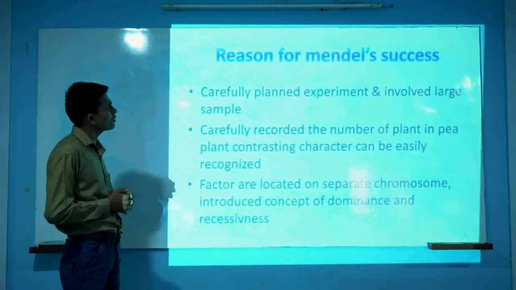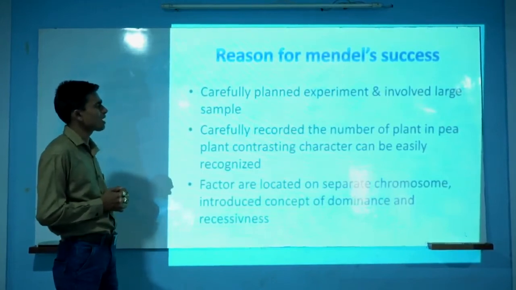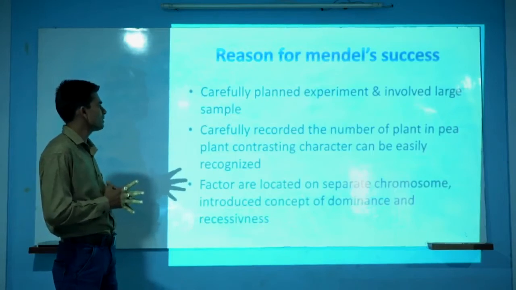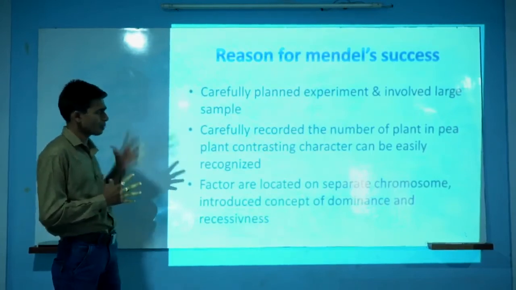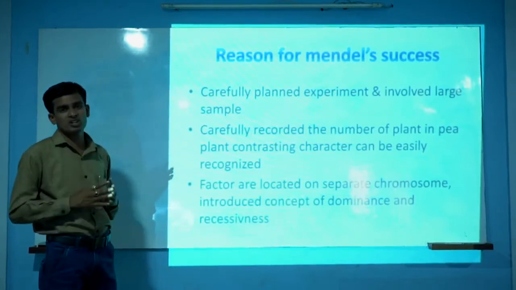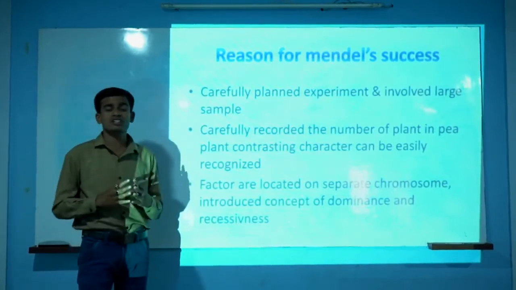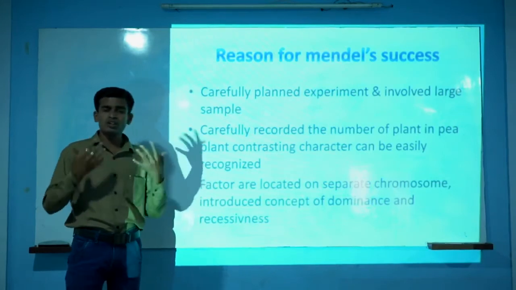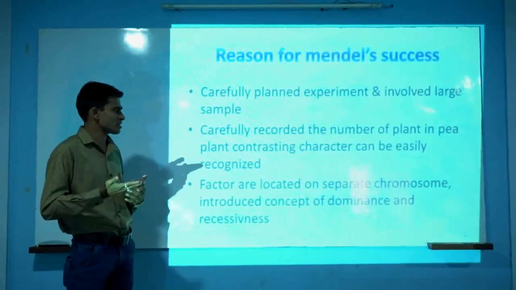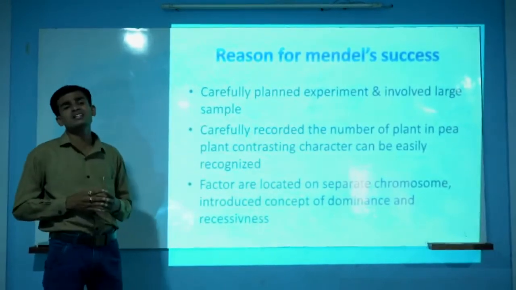Next, he carefully recorded the number of plants, and in pea plants contrasting characters can be easily recognized. Pea plants have a number of contrasting characters; there are seven pairs of contrasting characters. These contrasting characters give a chance for the expression of characteristics, and they are easily recognized.